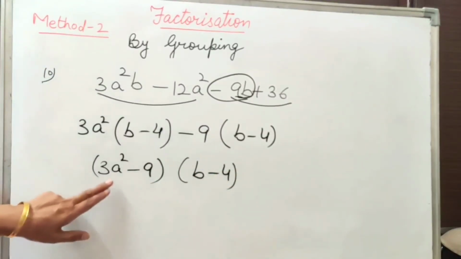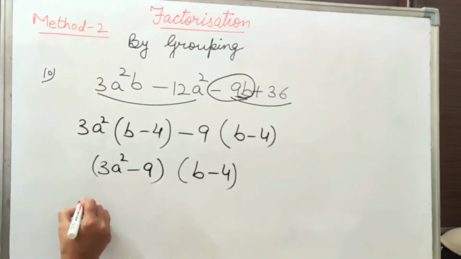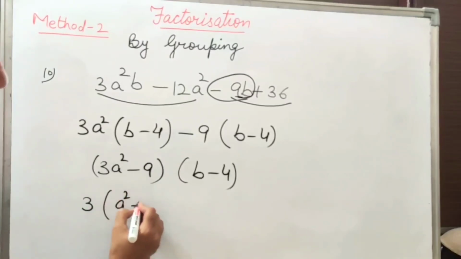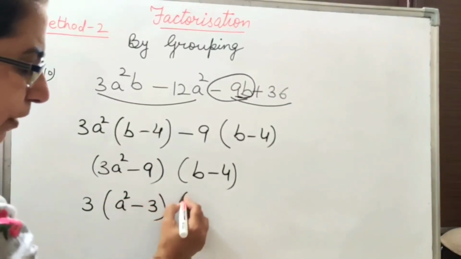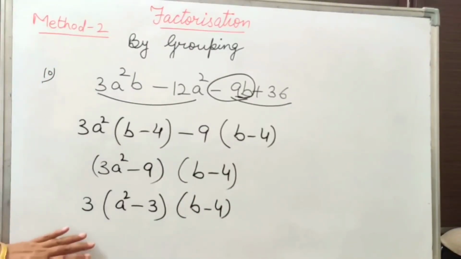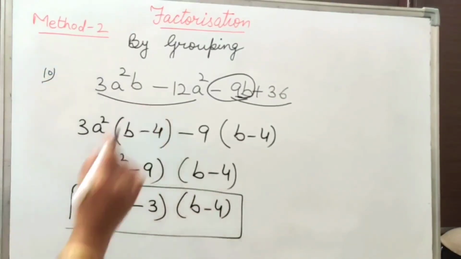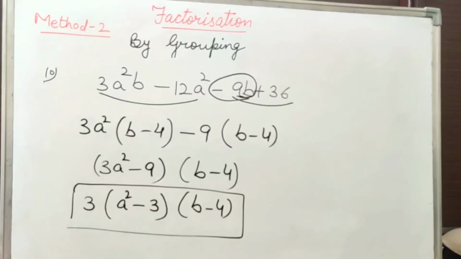Now you can see in this bracket again 3 is common. We can take out 3. So I am taking out 3 again, that is a square. 9 is 3 into 3. One 3 is taken out and one 3 is left, and then b minus 4. So all are in multiplication. This is the final factorization of the given expression. I hope you understood this grouping method. Thank you.